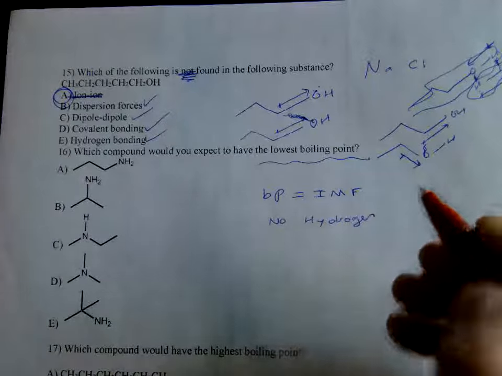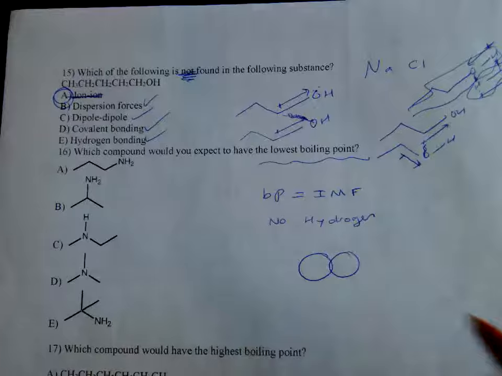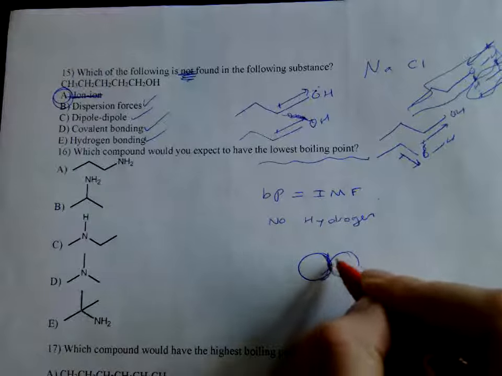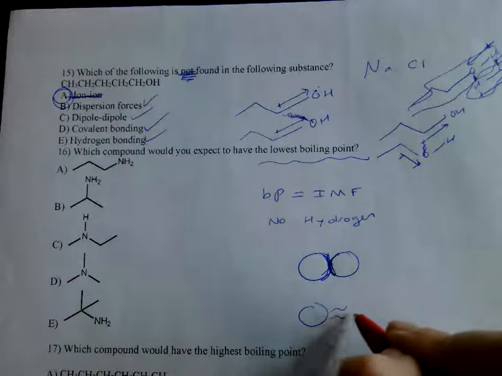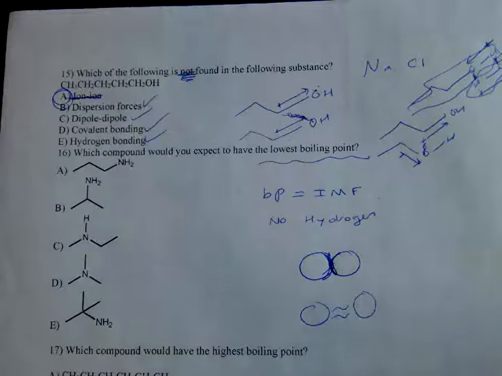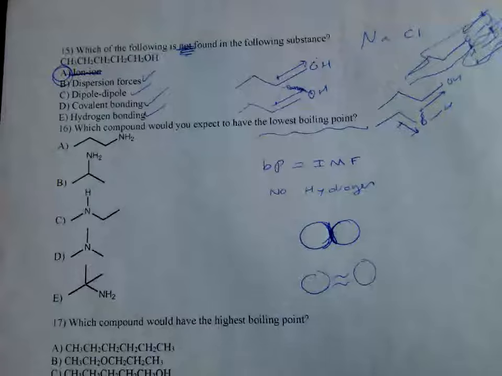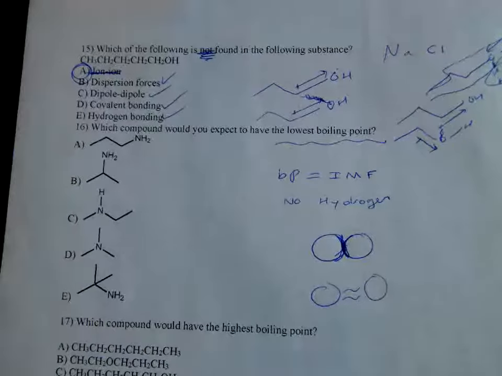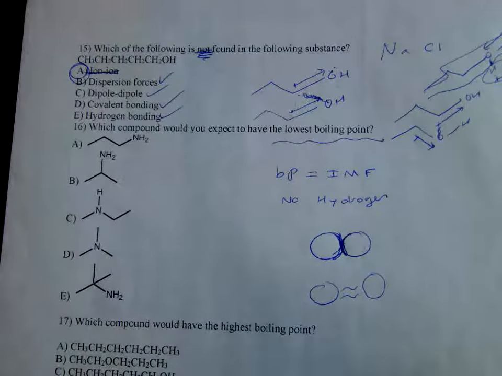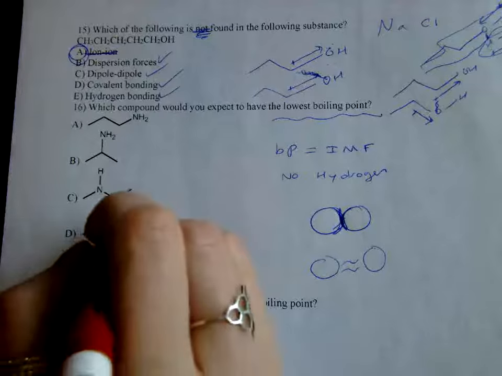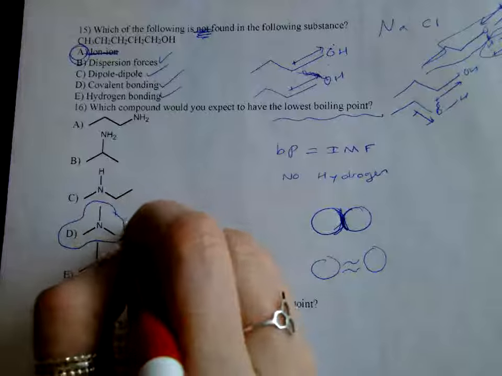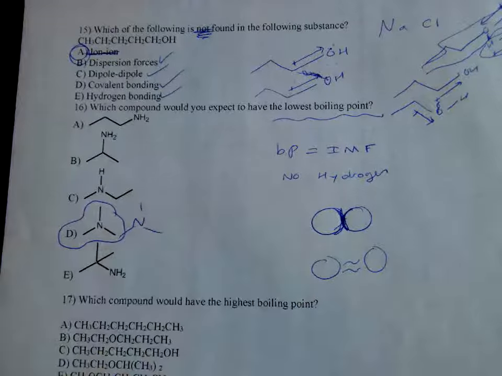If these two have hydrogen bonding, they're going to be really close together and hard to break apart. If these just have dispersion forces, they're kind of weakly bonded together. So it's easier to separate them and turn them from liquid into gas. Separate them out, have them take up less space, become a gas. So the one that's not going to have as strong interactions with another molecule is this one.